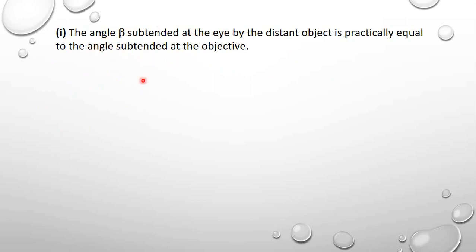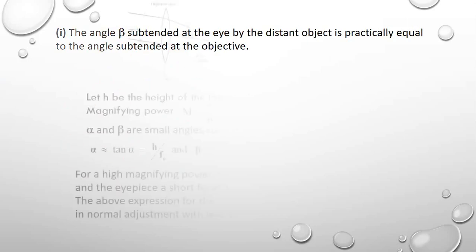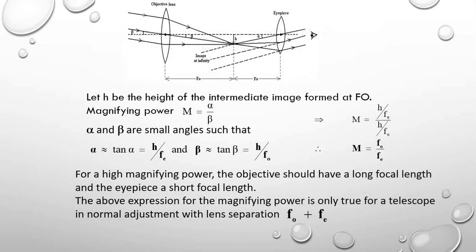So that's why we are using beta. We are just getting it from this ray diagram here, because this beta is the angle subtended by this distant object onto the objective, which is actually equal to the angle subtended by that distant object onto the eye. So that's why we have used that.